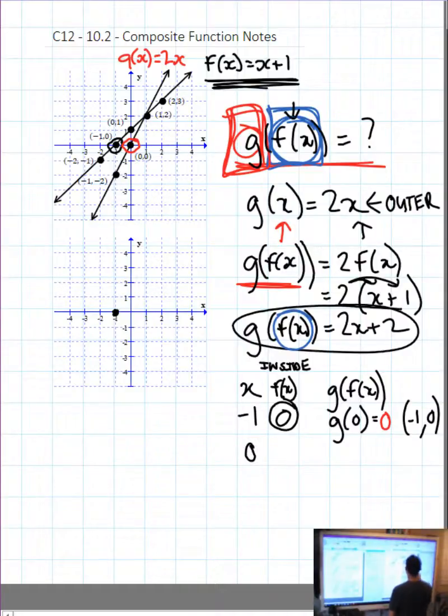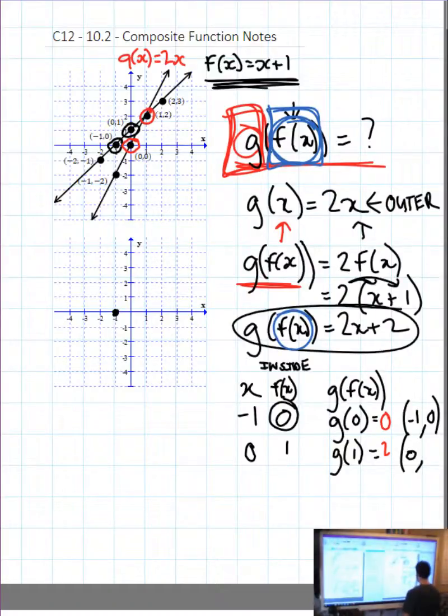Let's choose another x value. 0. Well, what's f of 0? Well, f of 0 from the graph is 1. Now we're going to do g of that value we just got, 1. And g of 1 from the graph, what is the y value of g of 1? G of 1 is 2. And the x value that we were talking about was initially 0.